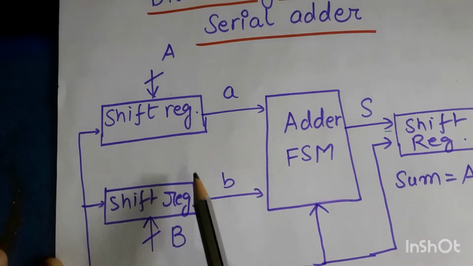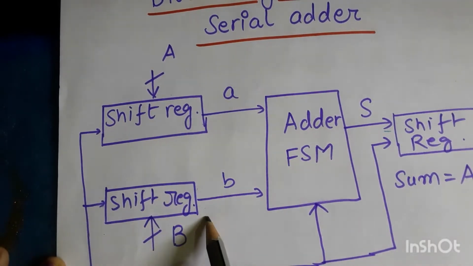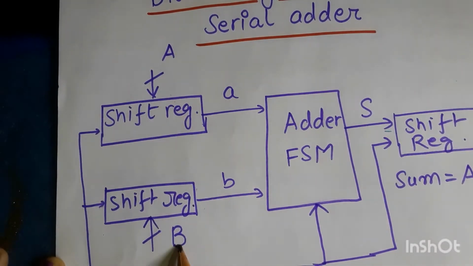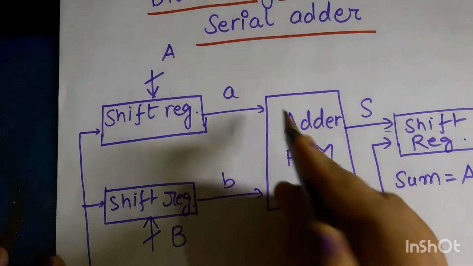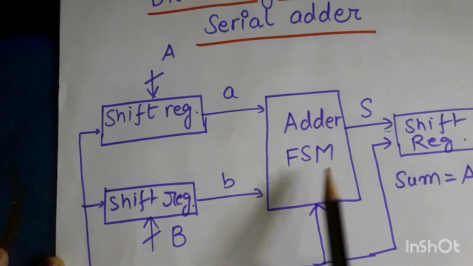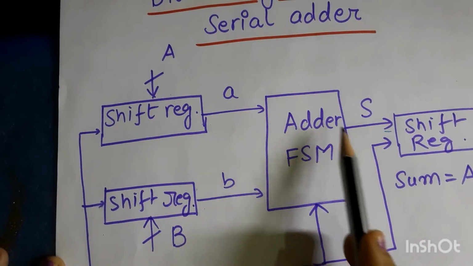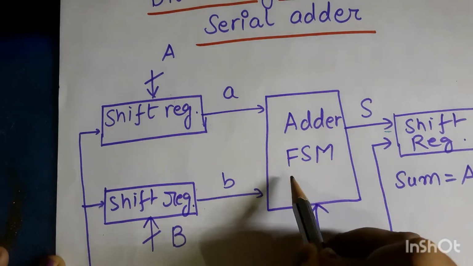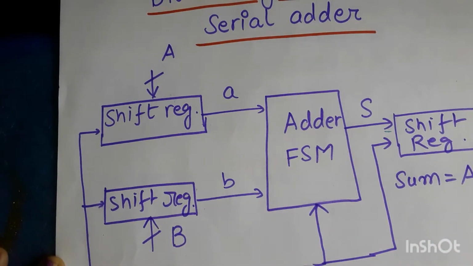For every clock pulse, one bit of register A and one bit of register B would come out at the A and B positions, and they would go to an adder circuit which we will design now using the FSM, finite state machine.